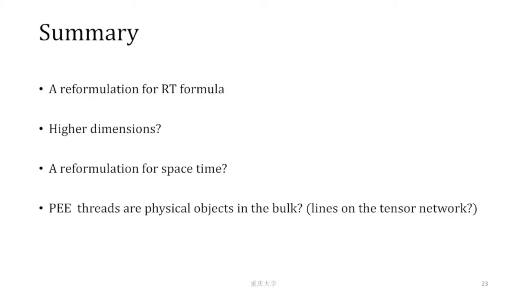Even in AdS space-time, the reformulation of space-time is not very successful. For example, you can use a tensor network, the MERA tensor network, and you can read off from the tensor network the metric of space-time, which is quite close to the AdS metric. But this tensor network does not have a well-defined continuum limit.